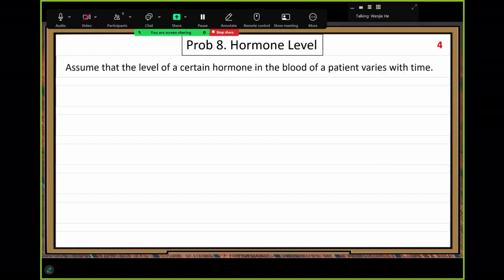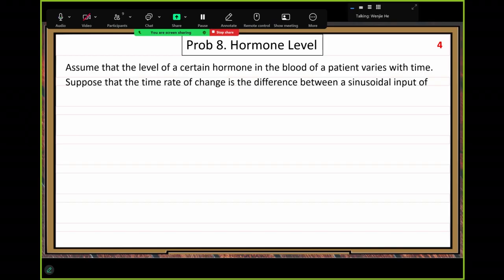All right, assume that the level of a certain hormone in the blood of a patient varies with time. Suppose that the time rate of change, the derivative, is the difference of two terms.